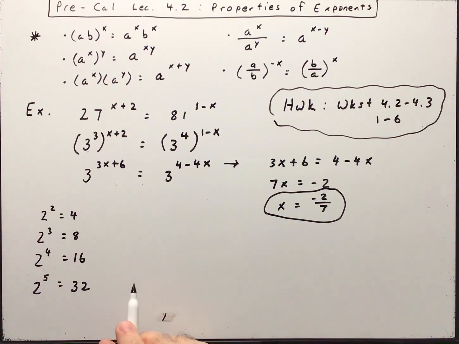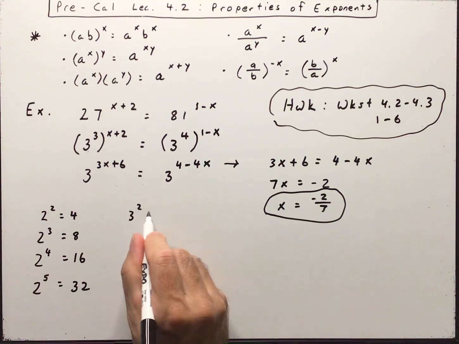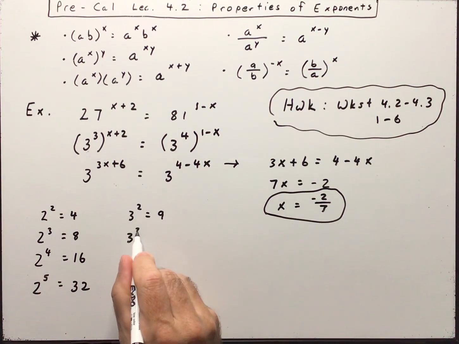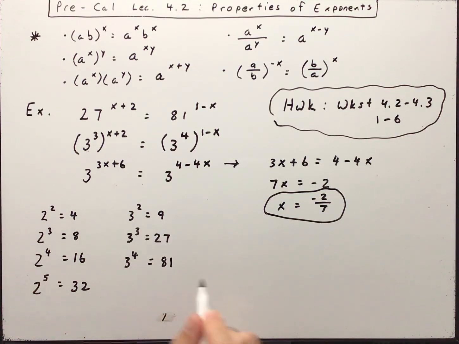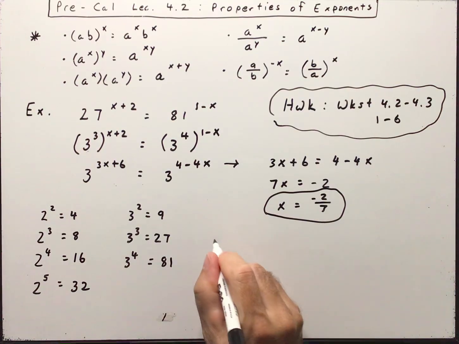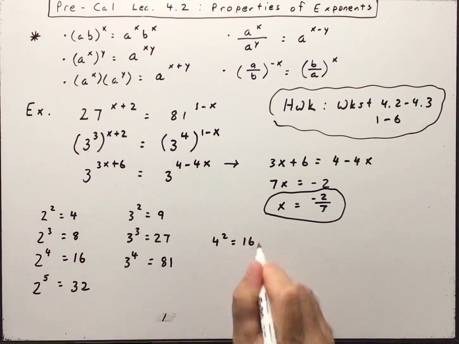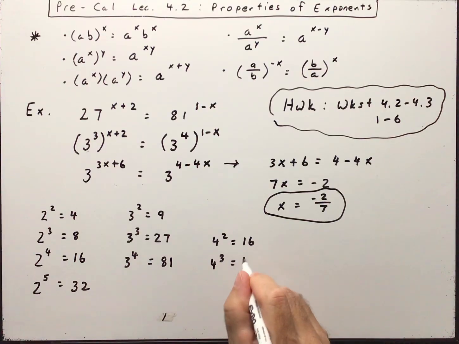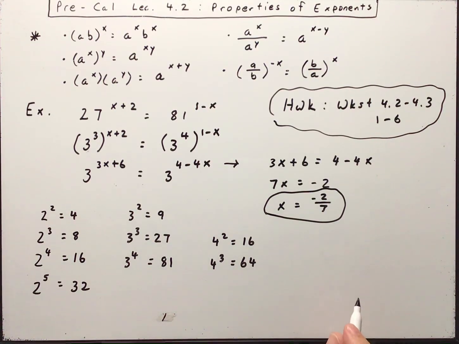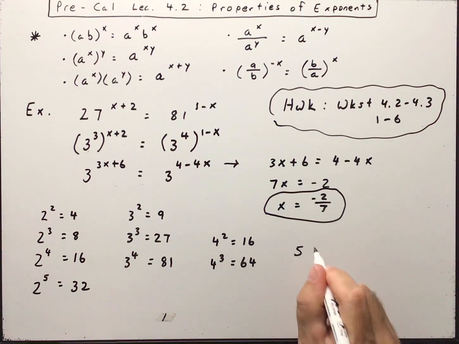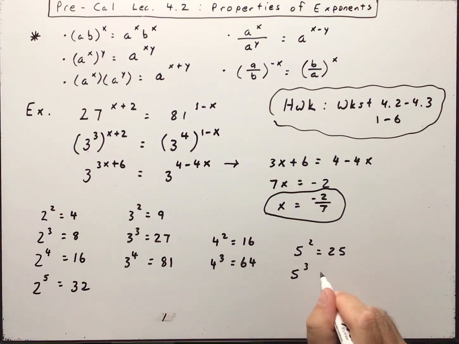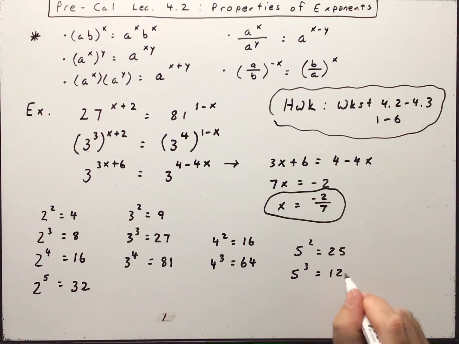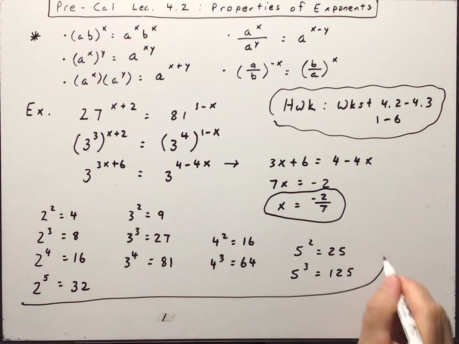You know, learning those would be really helpful. 3 squared is 9. 3 cubed is 27. 3 to the 4th power is 81. 4 squared is 16. 4 cubed is 64. So these are just some of the simpler ones that will help you do this kind of homework. 5 squared is 25. 5 cubed is 125. That should cover most everything that you would have to do.